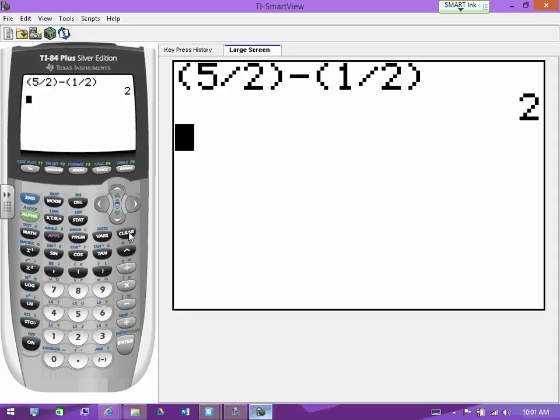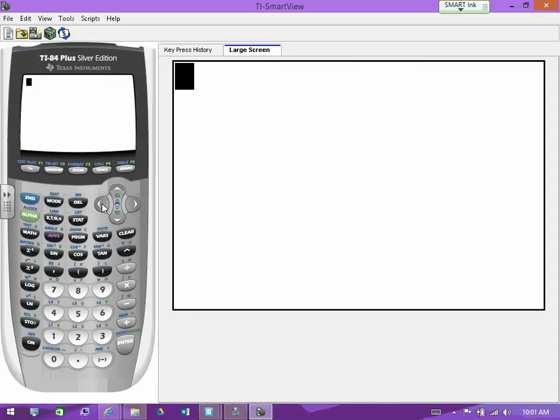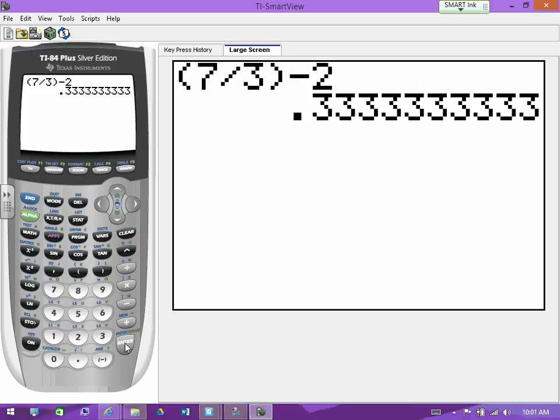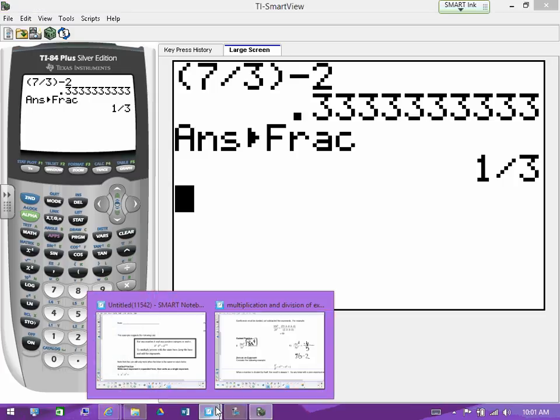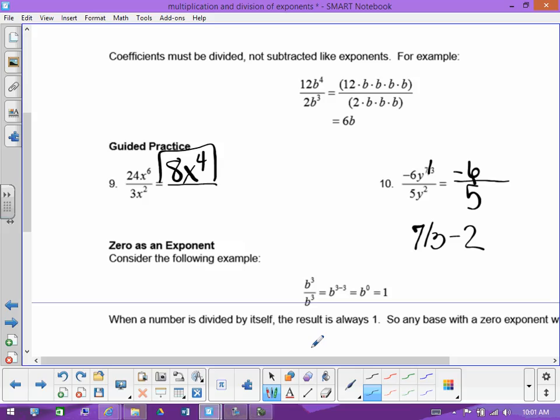Looking at my calculator, 7/3 minus 2 gives me 0.3333 and so on. How can we change that to a fraction? The calculator tells me 1/3. So I end up with y on top, because there's more up here, to the 1/3 power. You have to get over your aversion to fractions, because there's bunches of them.